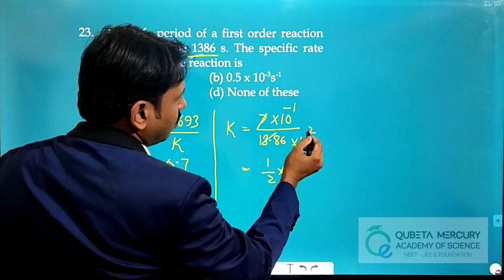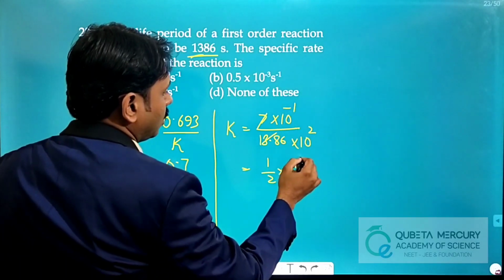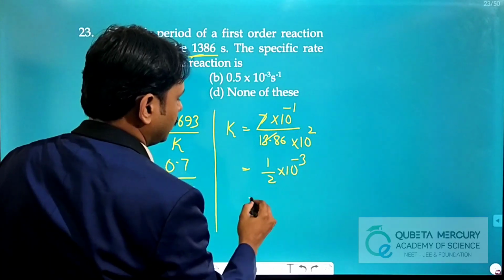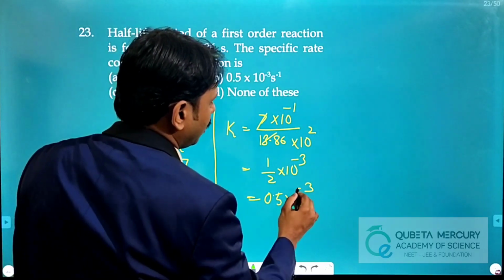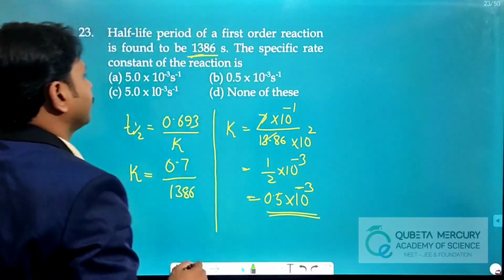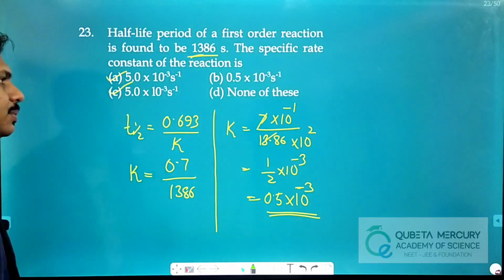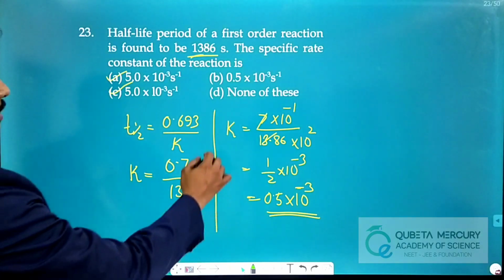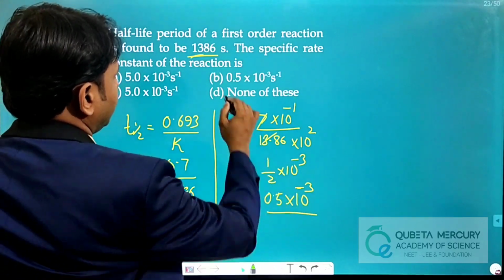This 2 will be moved to the upper part as minus 2. Then minus 2 plus minus 1 is minus 3. That is 0.5 into 10 raised to minus 3 will be the answer. So the right answer is, both A and C are mistyped. I'm sorry, B is the right answer.